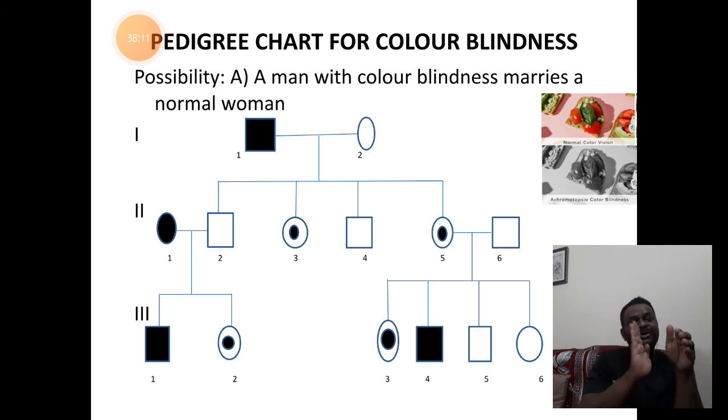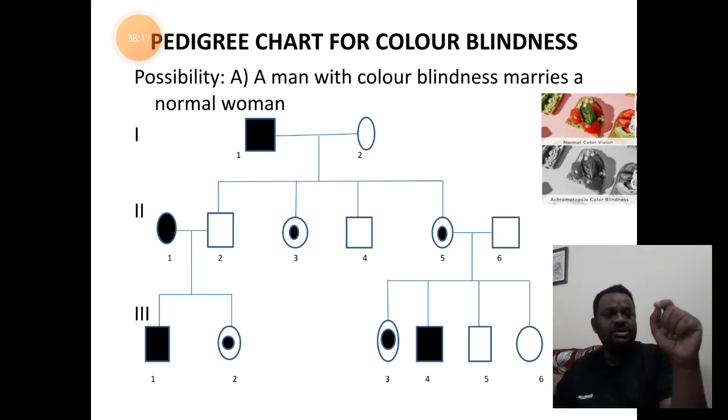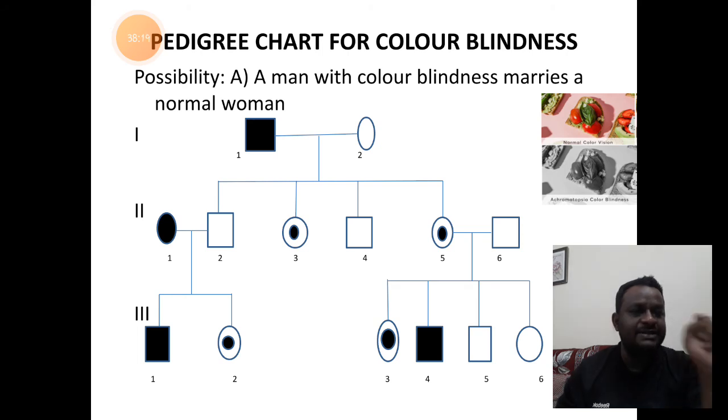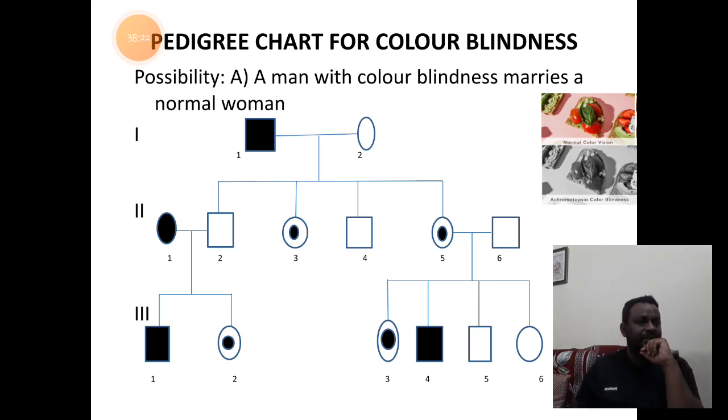So marriage between 5 and 6 of the second generation forms in the third generation children numbered 3, 4, 5 and 6 here. When a marriage happens between a carrier female and a normal male, as what you find in the second generation between individuals 5 and 6, they tend to have 4 children.